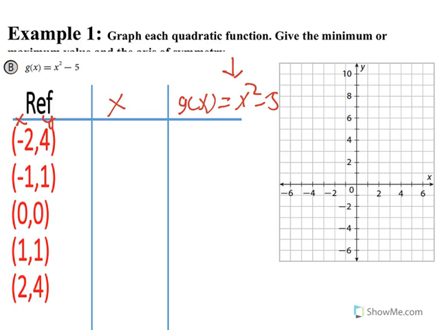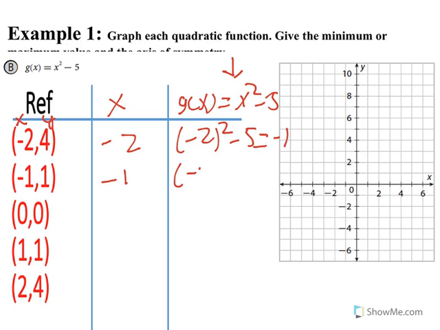For our reference point negative 2, 4, we have negative 2 squared minus 5, so 4 minus 5 gives us negative 1. Let me change this a little bit, that's a mistake.